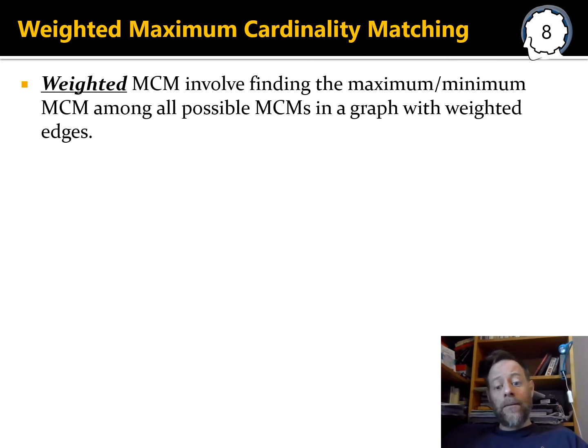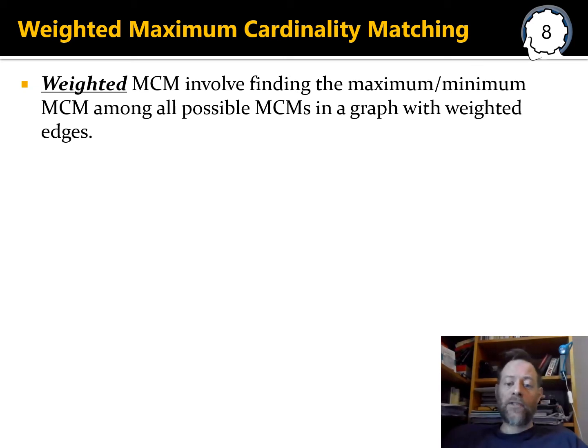Then we have the second problem, which is the weighted maximum cardinality matching, and in this case the edges have different weights. Now we want to find the maximum cardinality matching with the lowest weight, the minimum weight, or the maximum weight. There might be multiple maximum cardinality matchings.